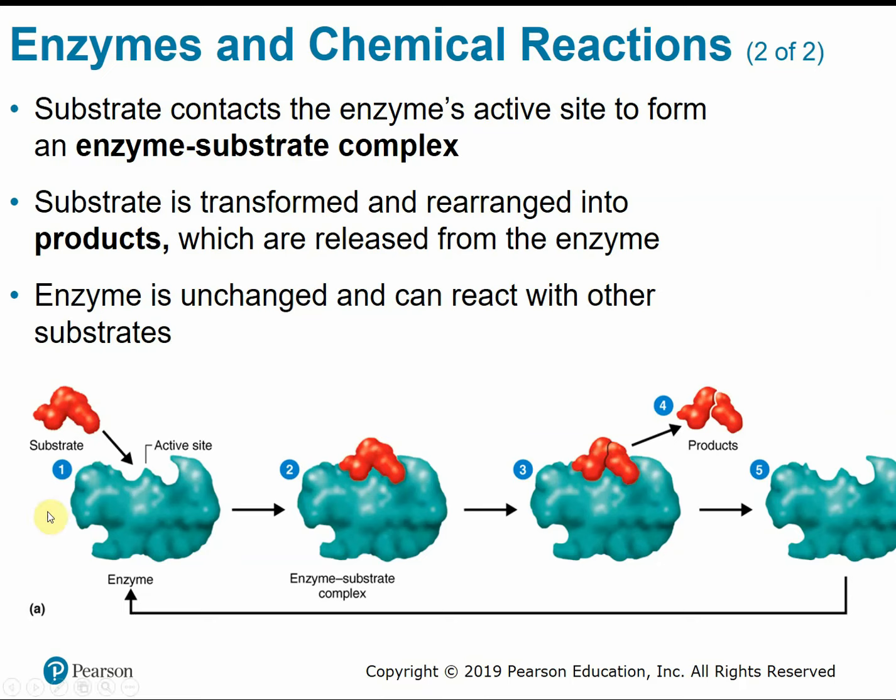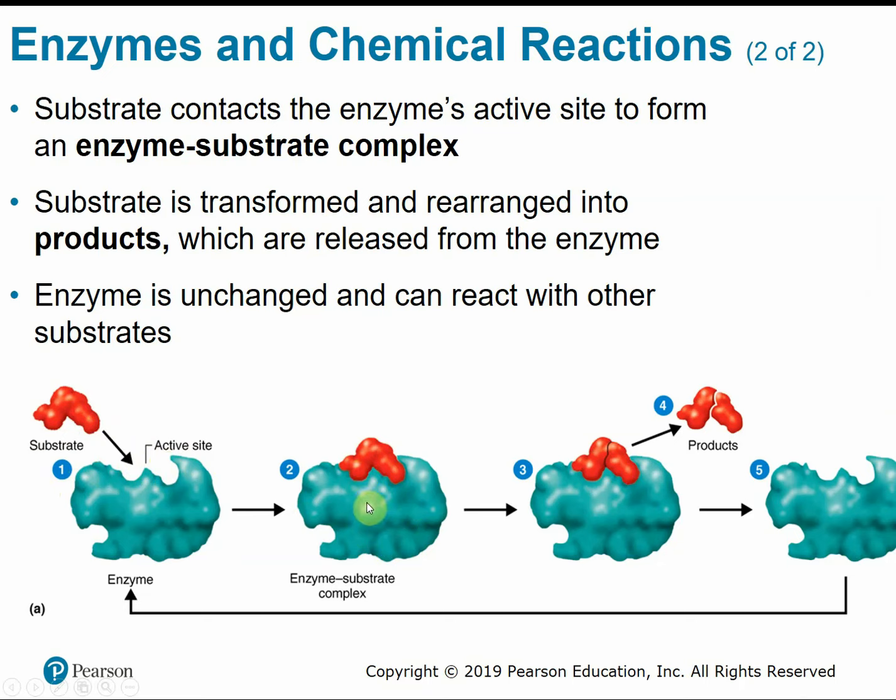We said enzymes are specific for their particular substrate. So only a specific shaped molecule will fit into the active binding site of our enzymes. When the substrate contacts the enzyme's active site, it forms an enzyme-substrate complex. Right? So now we have a substrate bonded to our enzyme.